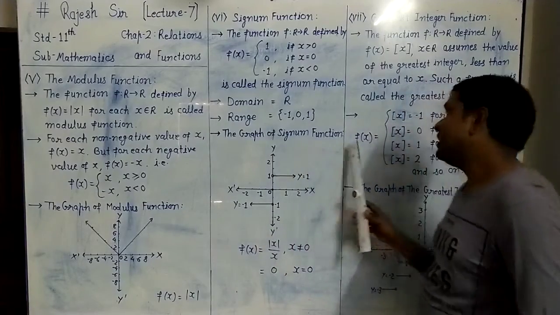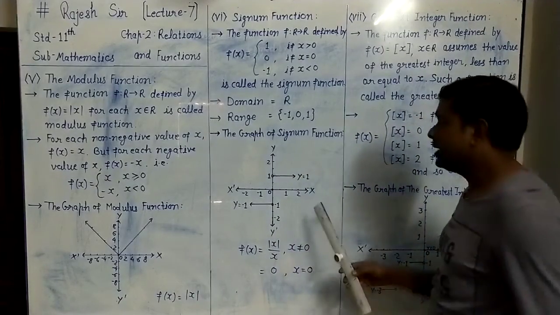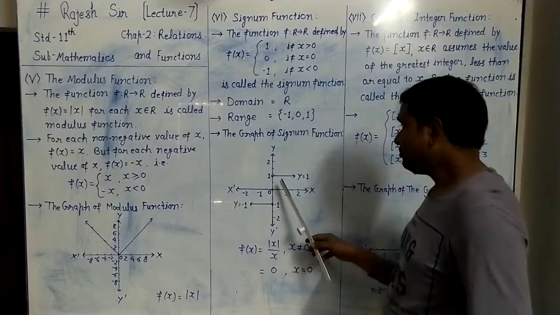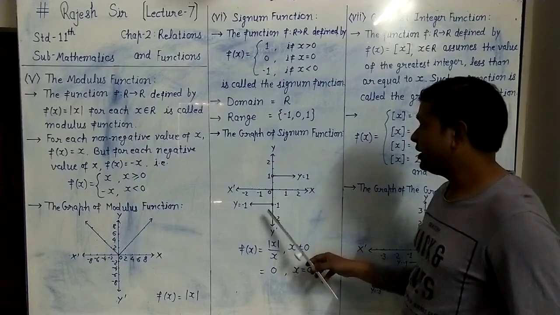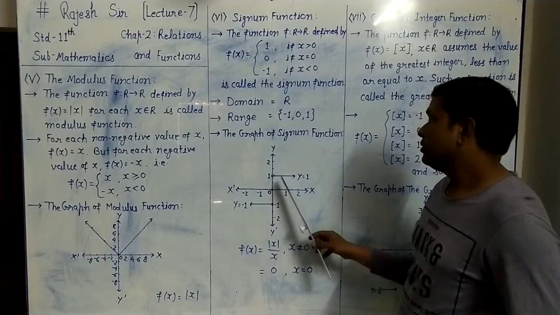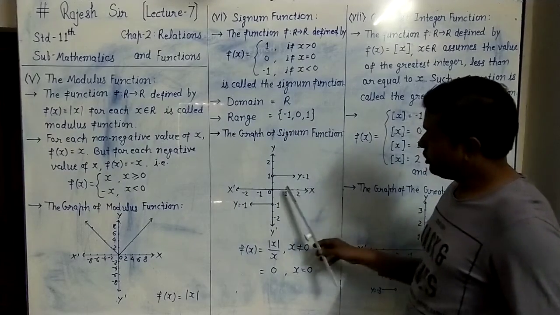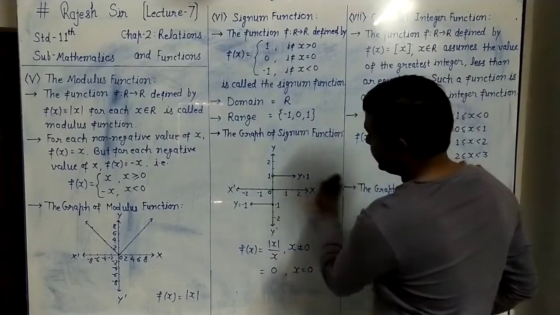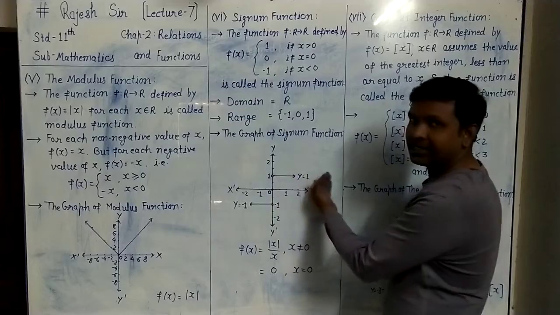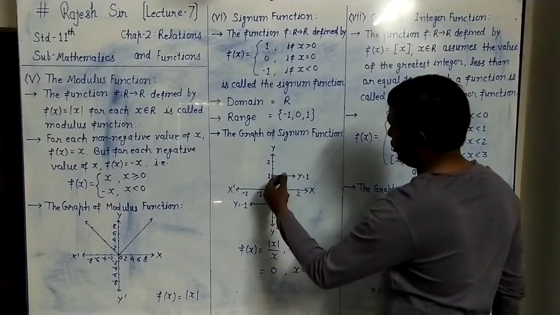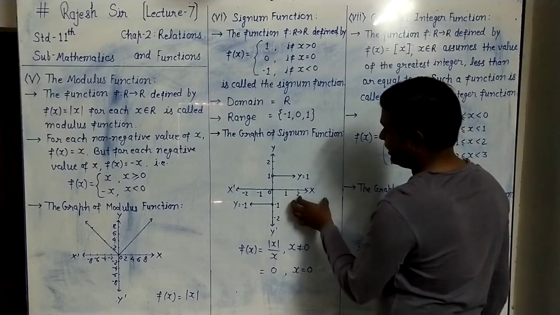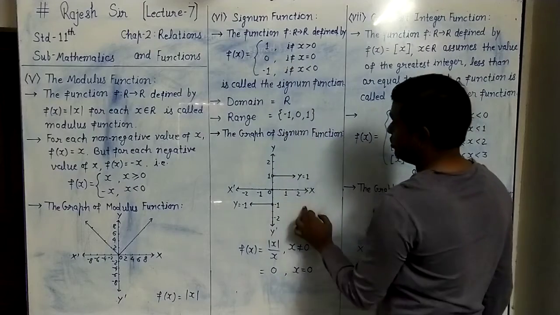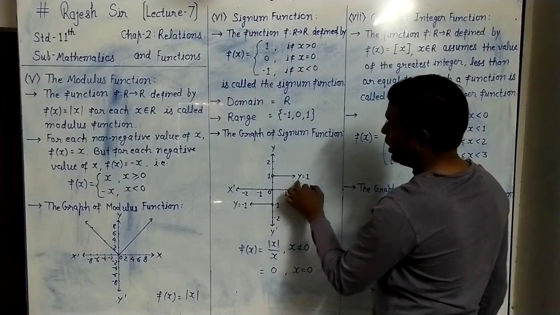So the graph of the signum function, you can understand, it is 1, 0 and minus 1. For all positive values of x, on the right side of the x-axis, that is x greater than 0, it will always be 1.